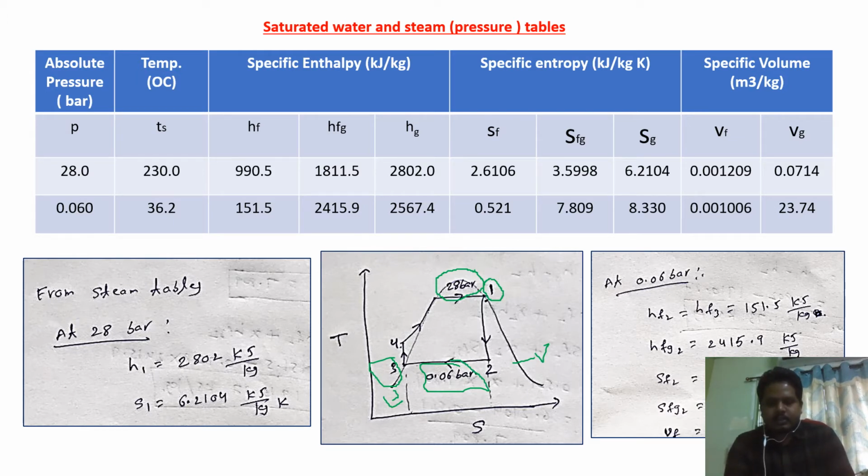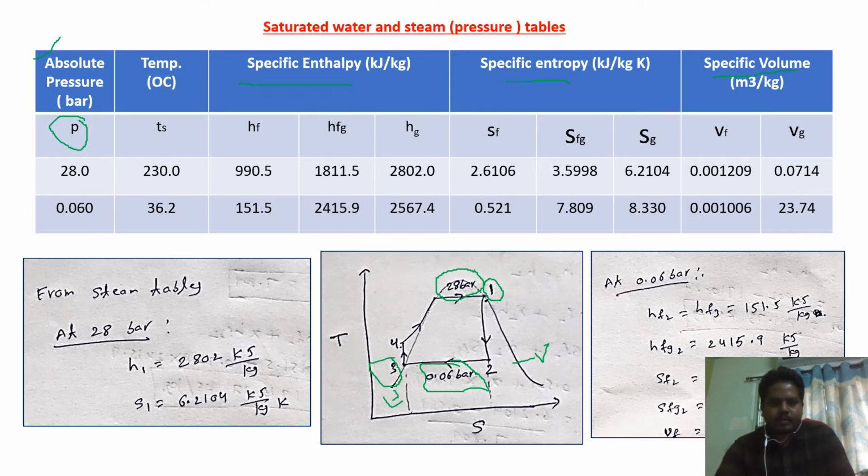Since we know the values of the pressure, we have to consider the pressure tables. So this is the pressure-based saturated water and steam table. From this table, at a given pressure we can find the specific enthalpy, specific entropy and specific volume.